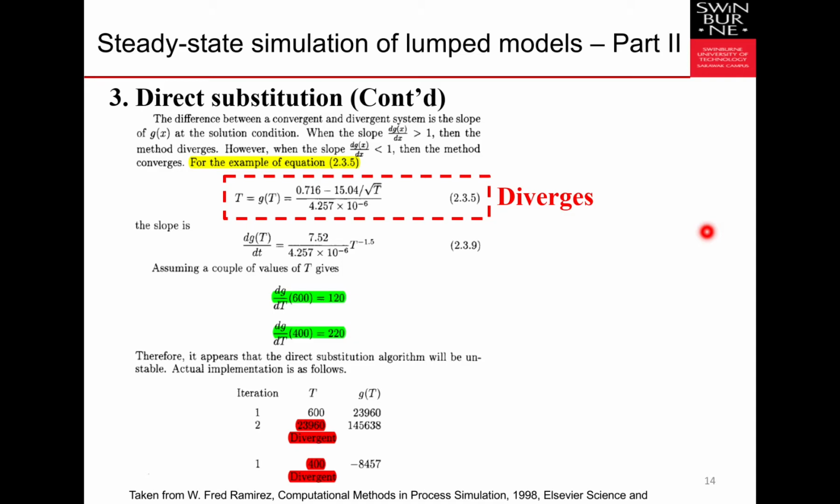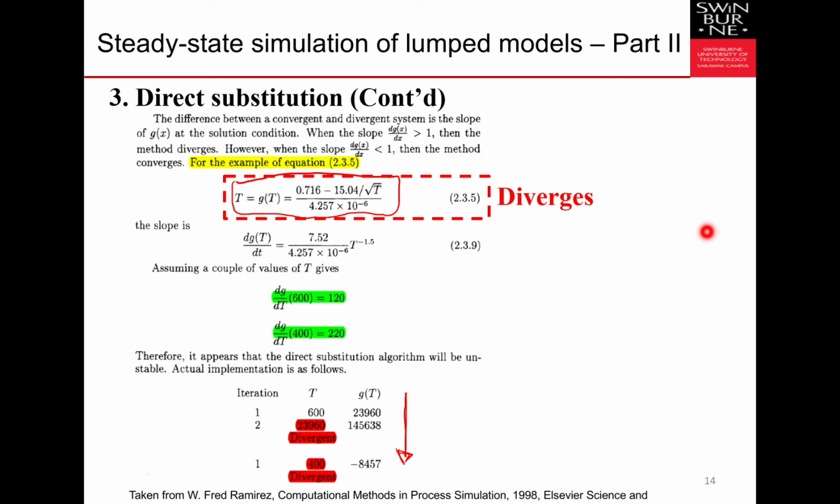In this particular case, it is shown in here that, for example, if we reformulate the heat capacity function into this particular function, then we will not be able to get the value because it does not converge.